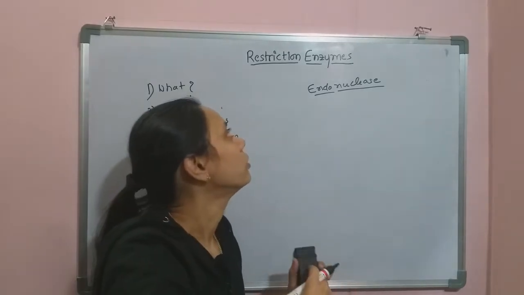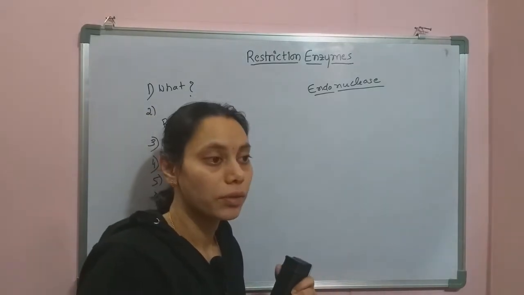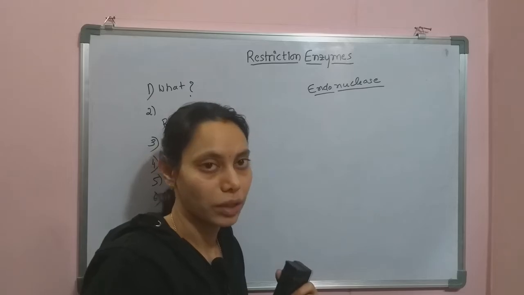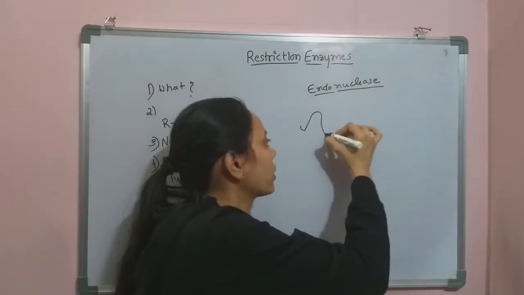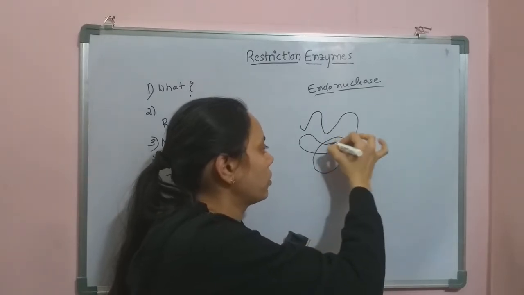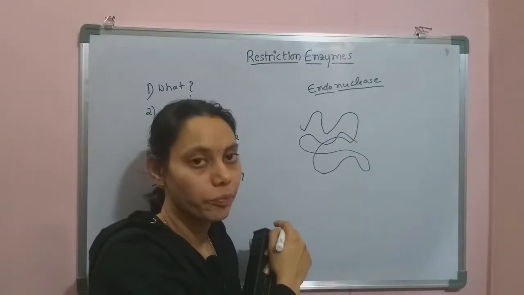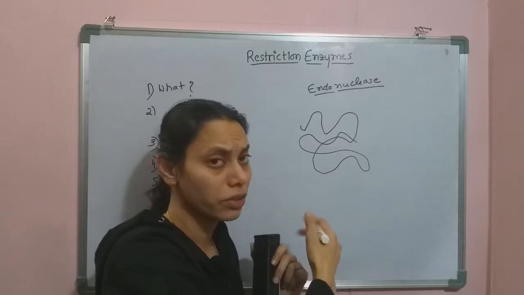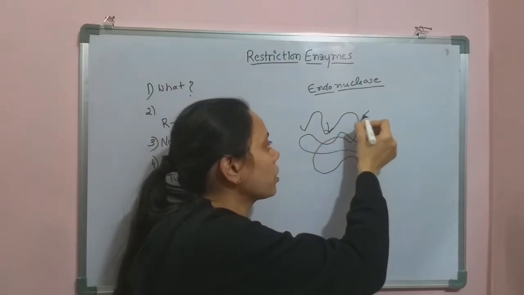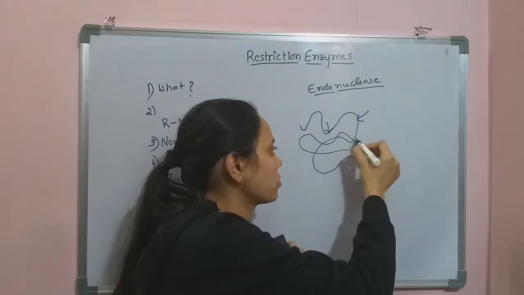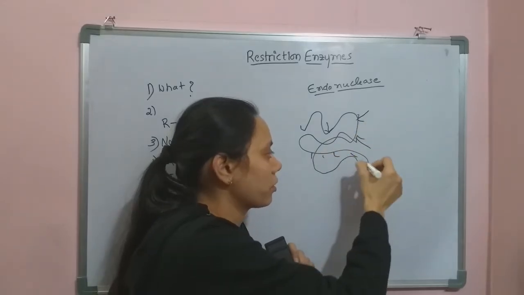Also, they won't cut DNA randomly, but they follow a specific order. If you treat DNA with a restriction enzyme, it will cut at very specific portions, not randomly here and there.